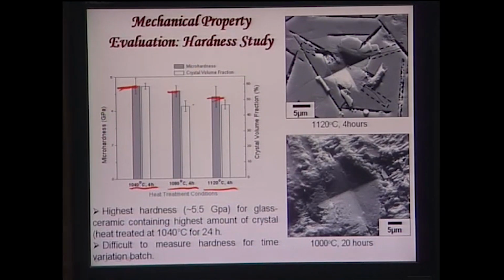Now 5 gigapascal is not a bad number, it is actually a good value as far as glass ceramics are concerned. Although the indents are very sharp in these glass ceramics, they do show extensive crack propagation because of the brittleness, and fractures are also observed as this indent interacts with these glass mica crystals.